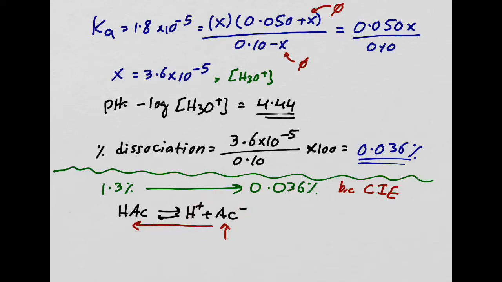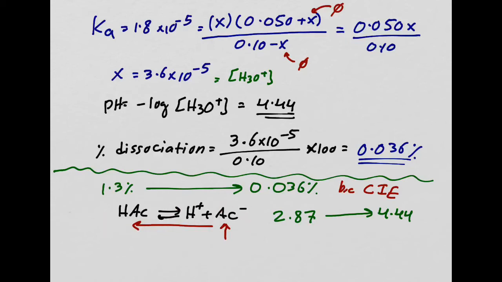Now, let's see what happened to the pH. In part A, the pH was 2.87. Part B was 4.44. Does that make sense? It does make sense. Because of the common ion effect, the equilibrium shifts this way. Now I also have less H+. Again, with the common ion effect, the equilibrium shifts to the left, to the reactant.